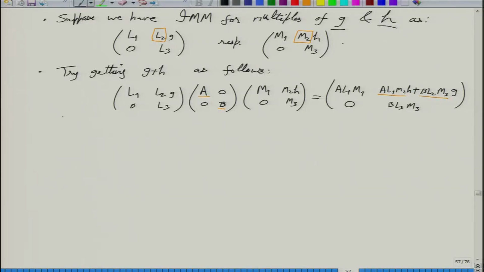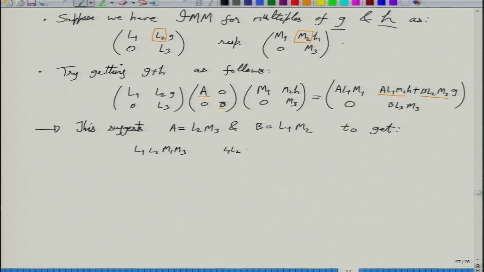This suggests that we take A to be L2 M3 and B to be L1 M2. And that will give you L1, L2, M1, M3, L1, L2.